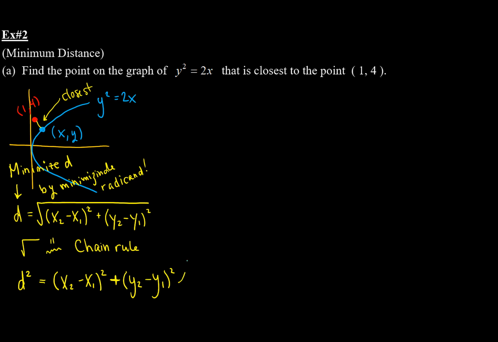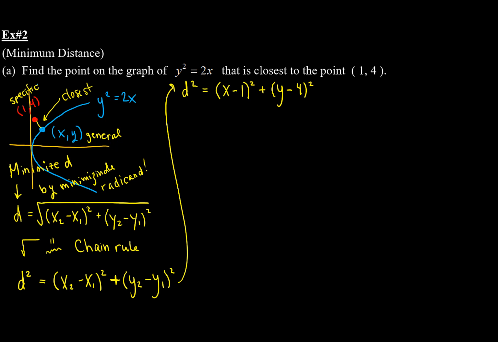So when we're setting this up, I'm going to have my general x value minus my specific x value, squared, and add to that my y value minus my specific y value, squared. Remember, I always want to do general minus specific, because it's just easier to have those variables first.